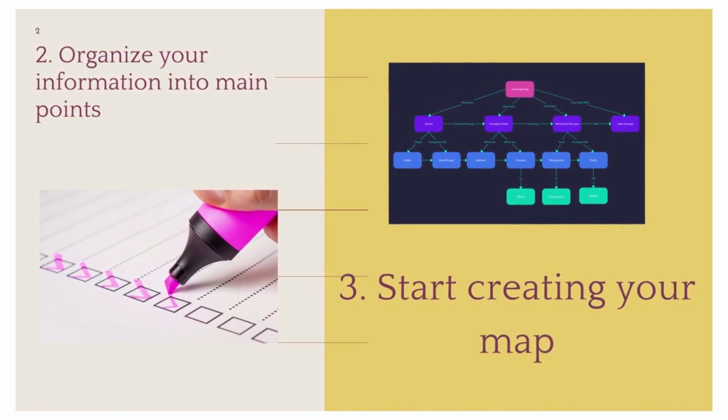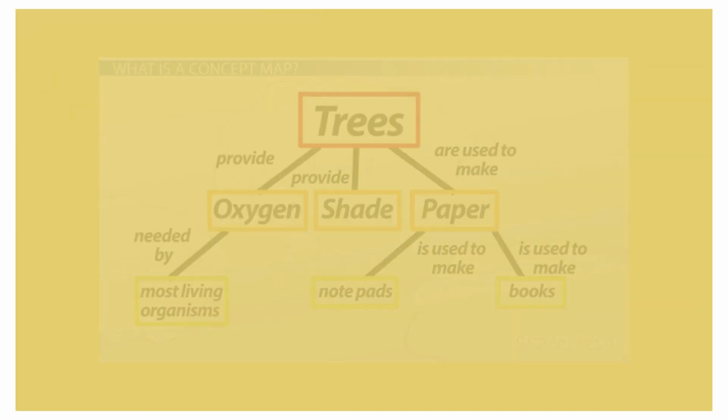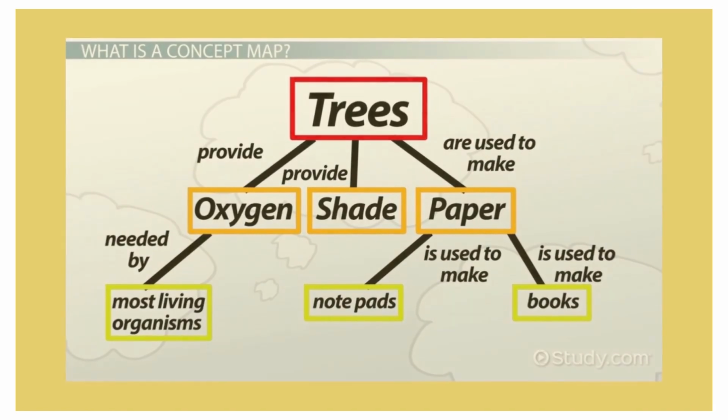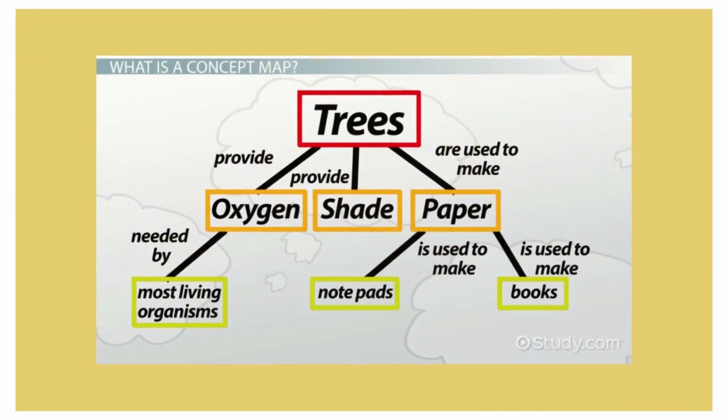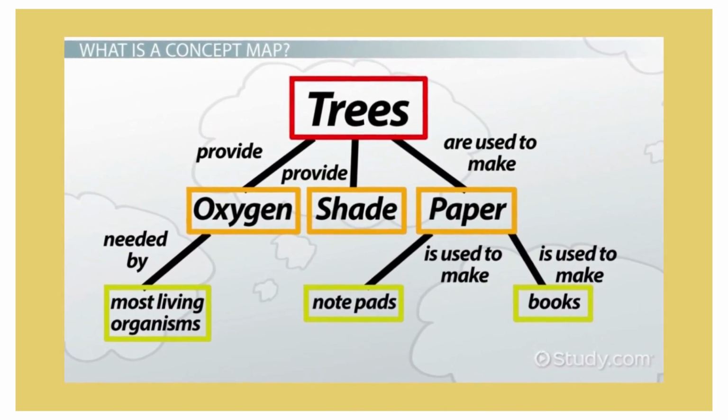Next, you organize your information into main points. That's the time you make your notes, you list down your notes. And then once you're done with the information, terms, or concepts, you begin with your main topic, then branch out to major points and supporting details. So, for example, after your main topic, you find out that these are the major points.